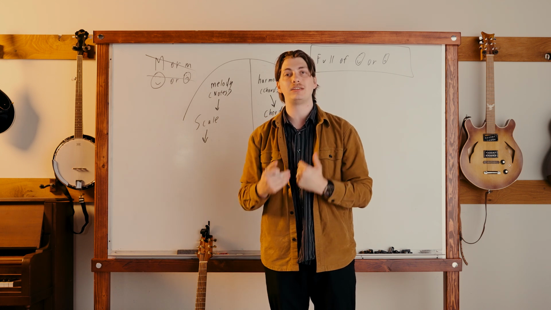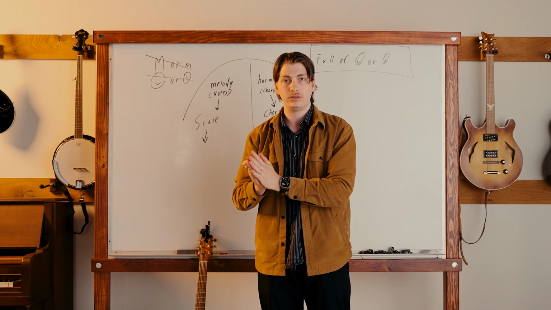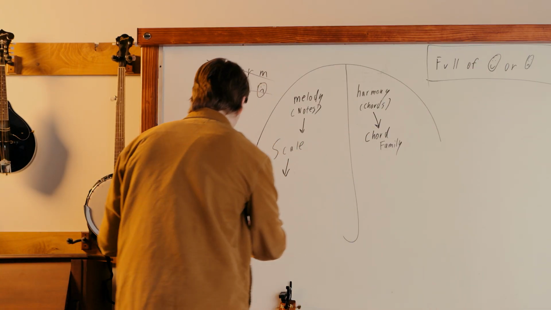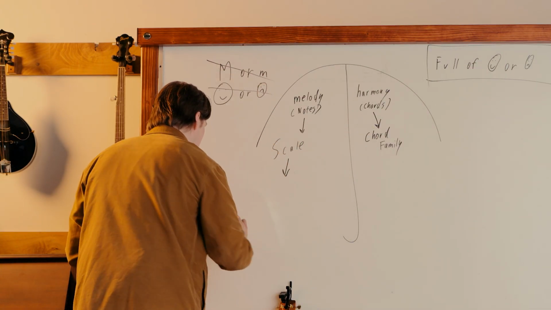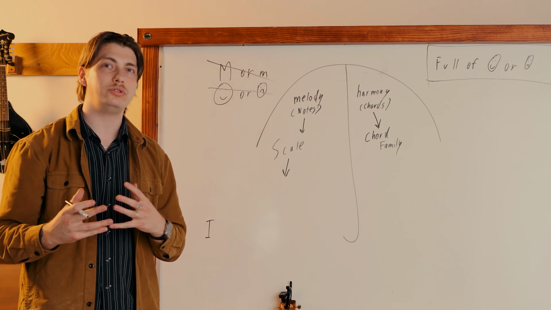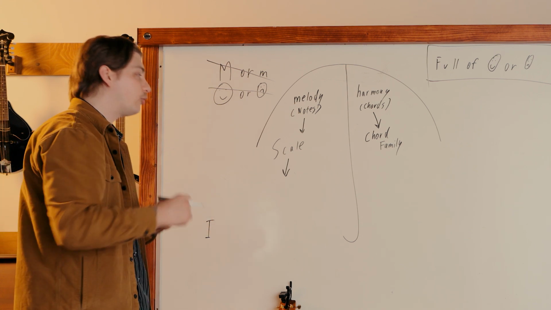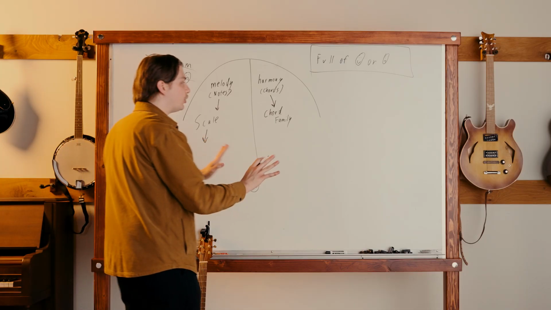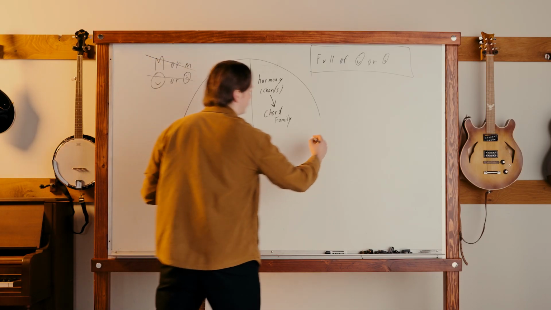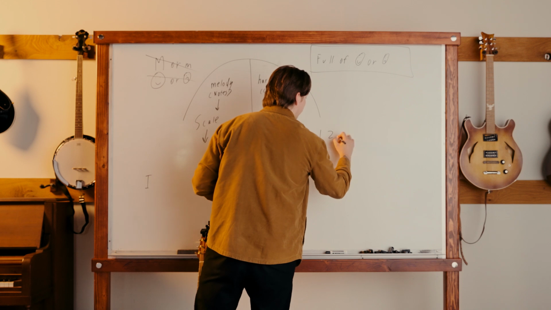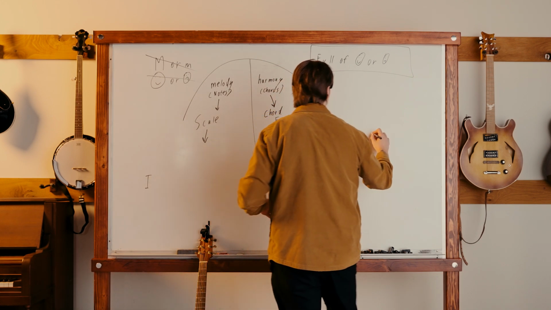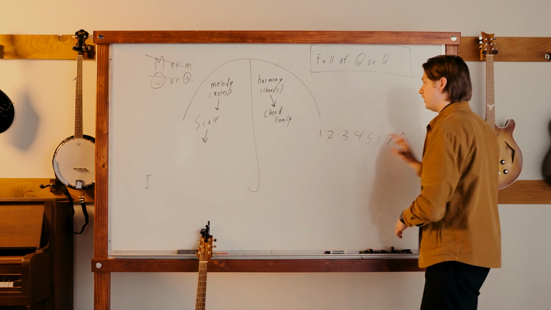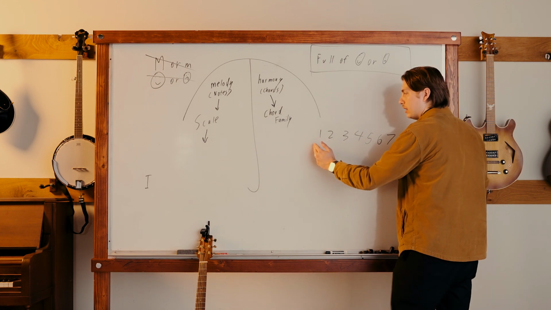Every time I say the Nashville numbers, what that means is it's referring to these numbers. Now, I don't know if you guys know how to read Roman numerals, but I'm going to teach you really quick. Roman numerals are really simple. It's like counting: 1, 2, 3, 4, 5, 6, 7, 8. Let's just say these are normal numbers.